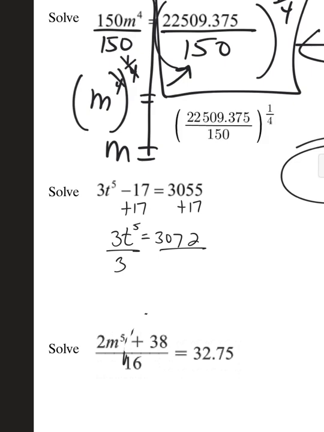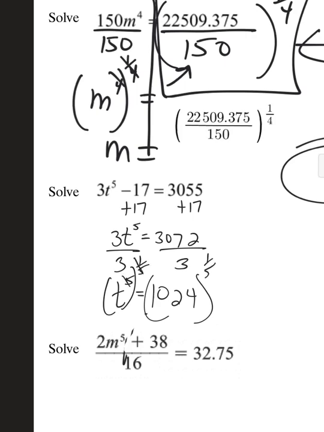Divide both sides by 3. And then I'm going to raise each of these to the power of 1/5 to cancel out the exponent next to t. In my calculator, 1024 raised to the power of 1/5 is, surprisingly, 4. T equals 4.